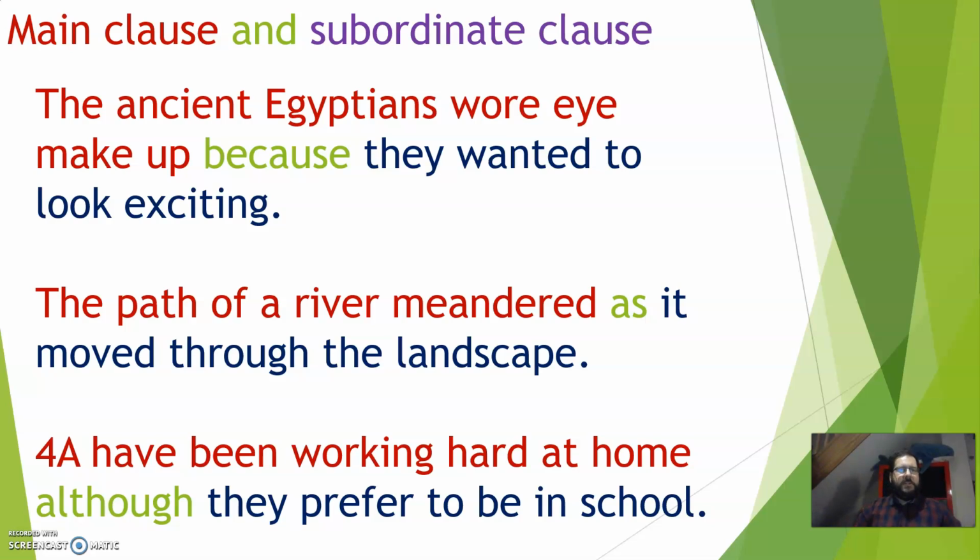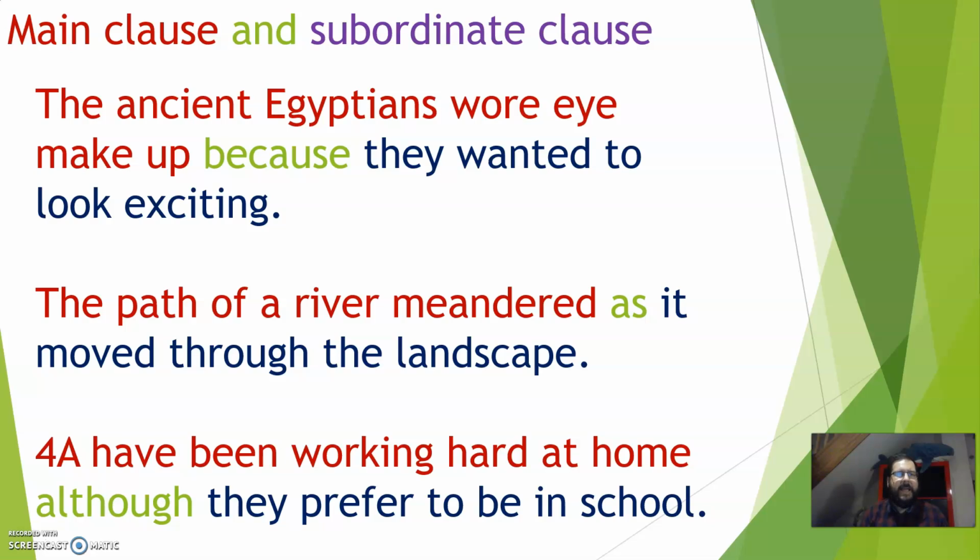Now, subordinating conjunctions join a main clause and a subordinate clause. The main clause is the main part of the sentence that contains most of the information, it makes sense on its own, and contains a subject of the sentence. The subordinate clause, although it is a clause rather than a phrase, doesn't make sense on its own and has to be joined to the main clause. So if you take the first sentence, for example, the ancient Egyptians wore eye makeup because they wanted to look exciting.